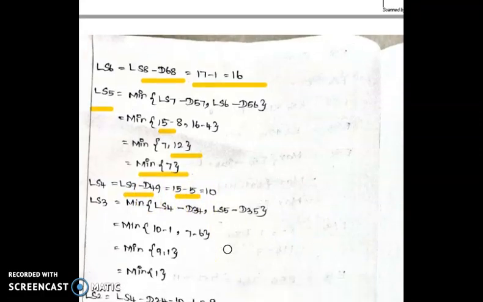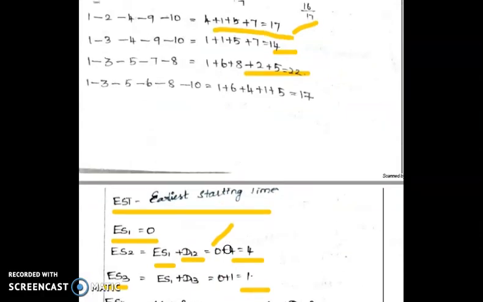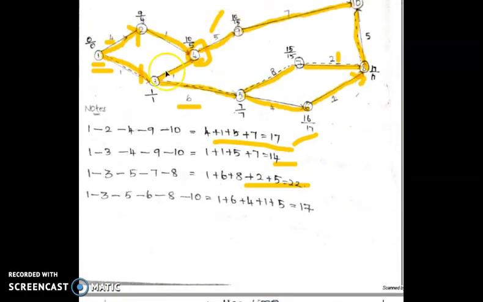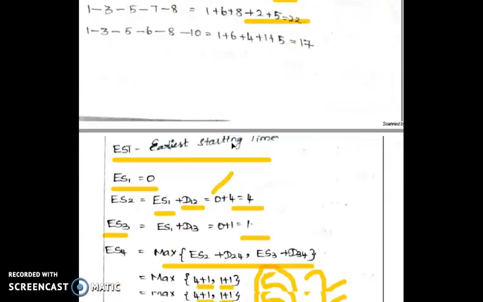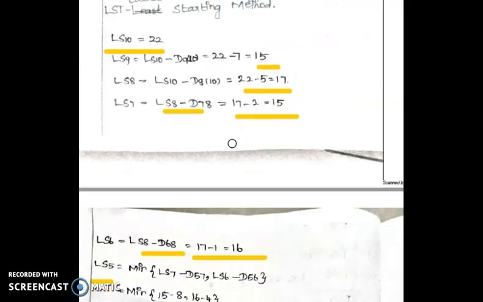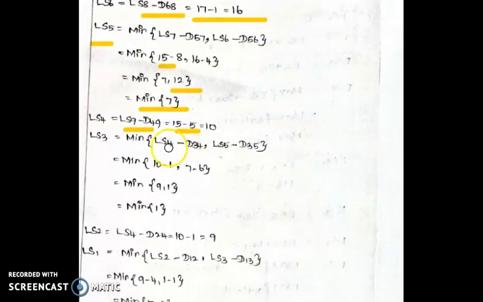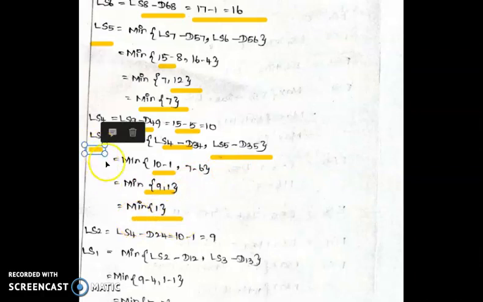LS3 also has two possible ways. It comes under 4 and it comes under 5. Go through this network diagram. 3 should come under 4 and under 5. Again we should take the minimum of LS4 minus D34, LS5 minus D35, 10 minus 1 the value will be 9, 7 minus 1 value will be 6, the minimum value should be 1, LS3 value will be 1.